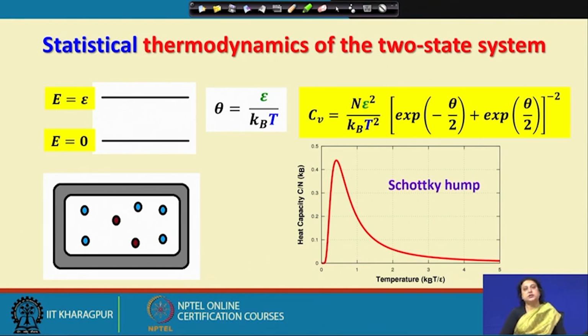So, as far as experimentalists are concerned, what they will say is, well, I have taken a measurement of the heat capacity of the system, and I have repeated my experiments at different temperatures, and I have come up with a Schottky hump.